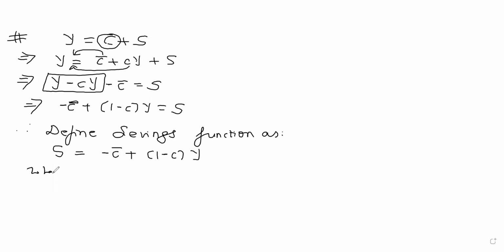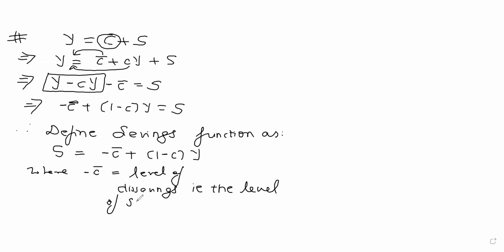where minus c bar denotes the level of savings when income is equal to 0.